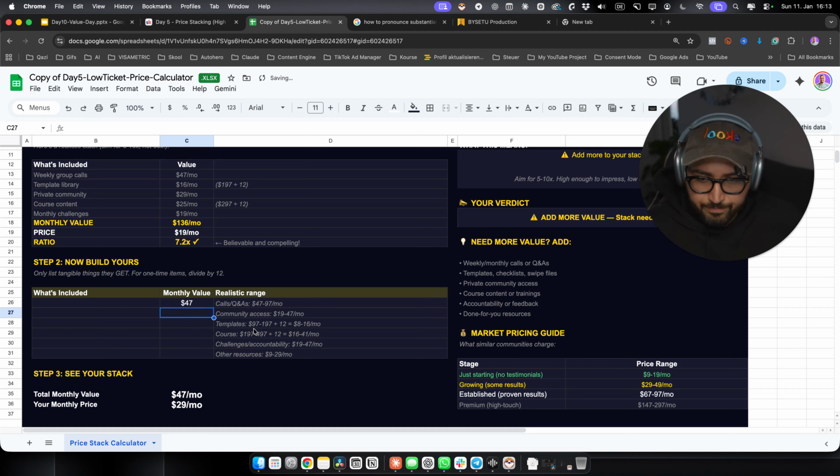So, okay. Community access, let's say 19 bucks a month. Similar communities are doing something like this, and we can say the value that we are offering for community is that much. Templates, we have some sort of template and it costs that much, 97.